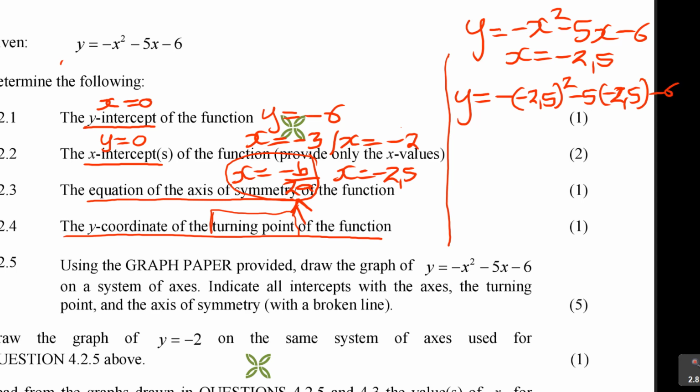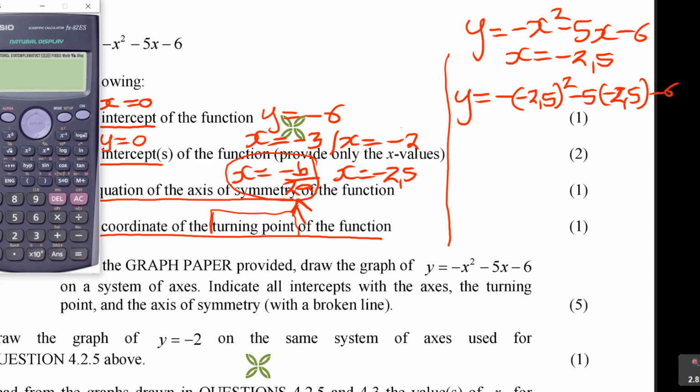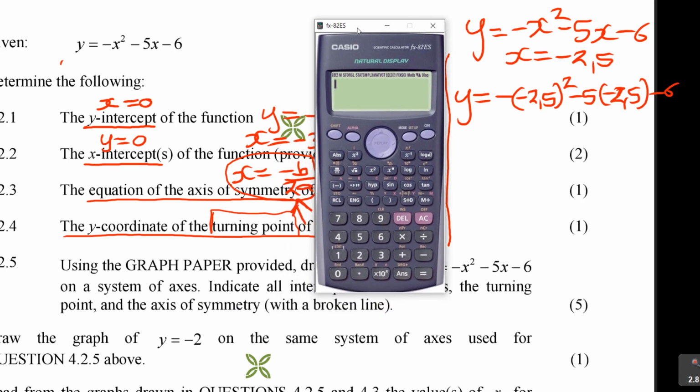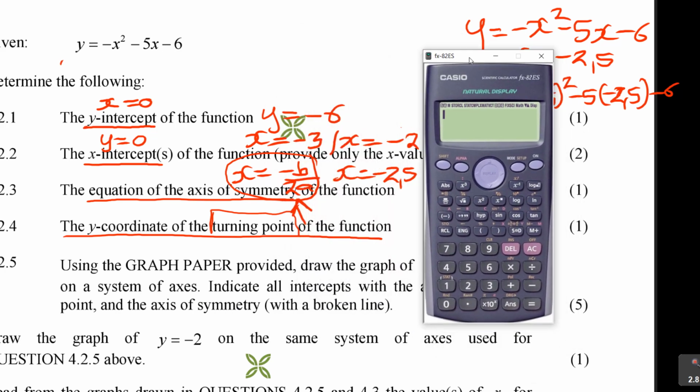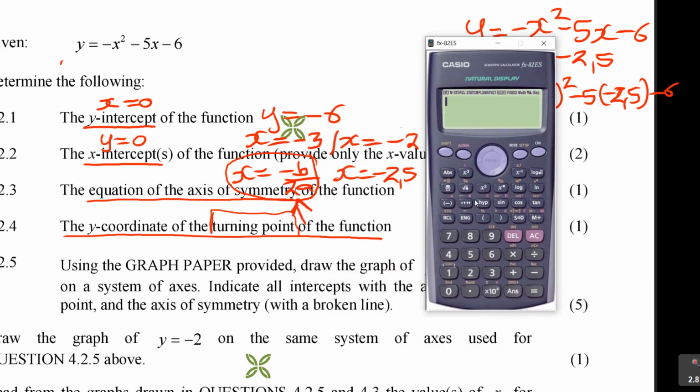Okay, let me show you what I usually do sometimes to avoid confusion. Look at my calculator here. What I do is I know that my x is negative 2,5. So this is what I do. I will say minus 2,5 equal to, you see, even if I press AC and I recall my previous answer, your calculator keeps the previous answer, right?